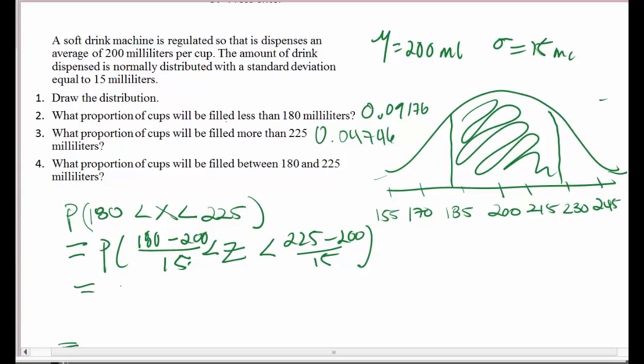And so this means that our Z will be between negative 1.33 and positive 1.67. So we can calculate our Z-scores.